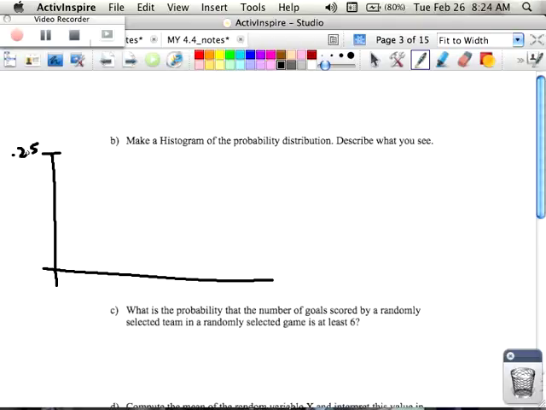And if I went up by 0.05, I probably could make it 5, 10, 15, 20. So that'll work. And then for the histogram, 0, 1, 2, 3, 4, 5, 6, 7, 8, and 9.